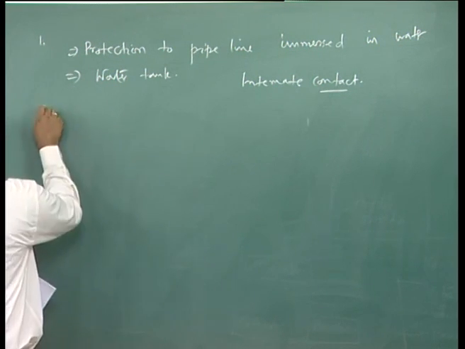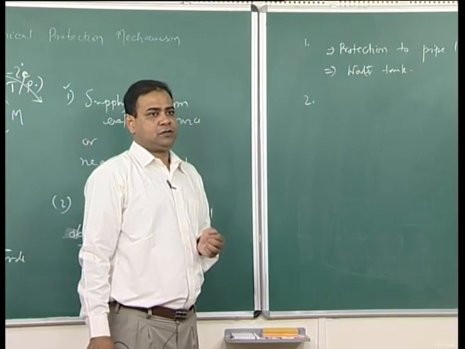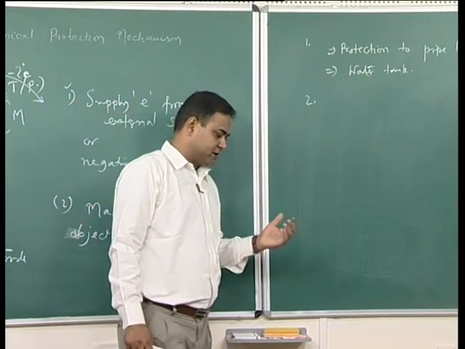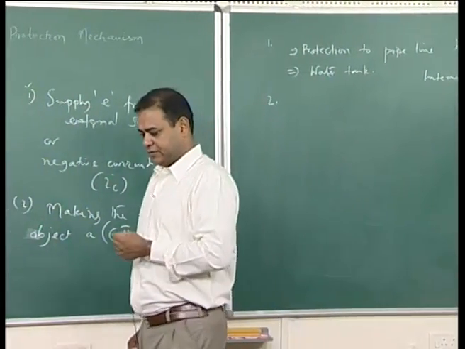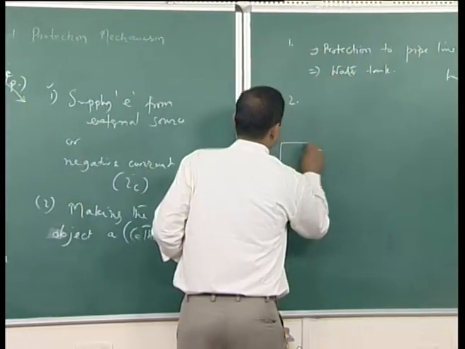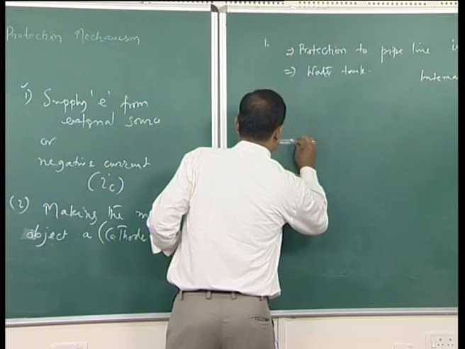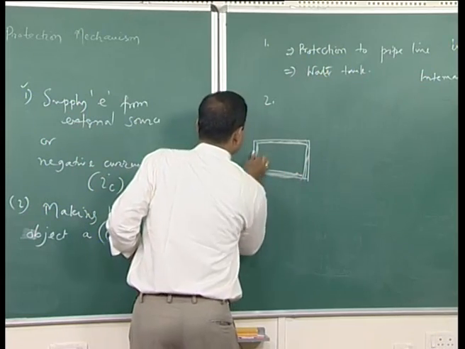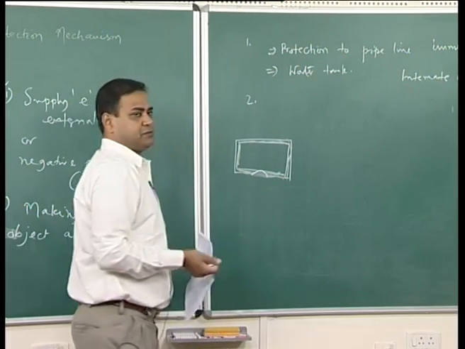And the second thing is, this method is very, very useful if you have a barrier coating on that metal object. Many times, because of transportation and other things, some parts of the barrier coated object can be exposed. Let us say this is my metallic object and this is my barrier coating, and this small part is exposed because of some damage.